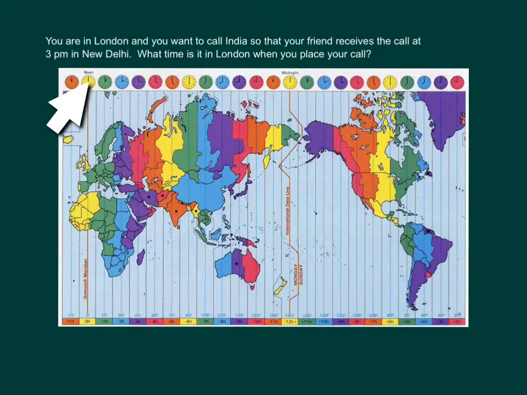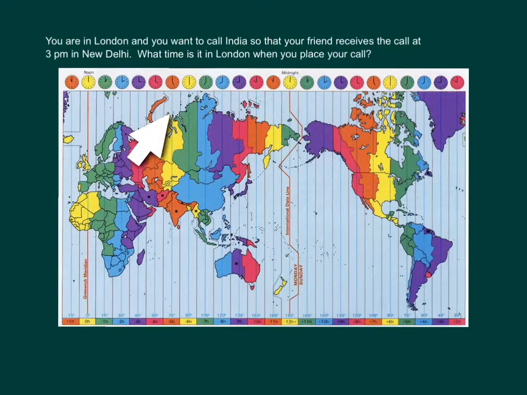So let's take what we've learned and now apply that back to India. And if you remember, there is a star here in India, and in your textbook there was an actual notice that said that India's time is actually a half hour ahead of the standard time. So whatever hour we end up with here in India, we're going to go a half hour back or a half hour ahead of that time.